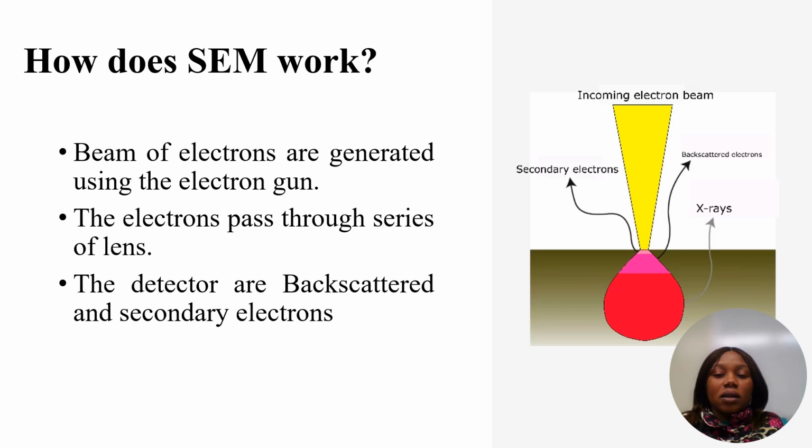You can see the incoming electron beam, the yellow, hitting the sample, and the secondary electron detector is like the very surface. The backscattered electron is a bit deeper, and the X-ray is really deep, and that helps us to know what the chemical composition of the sample is.